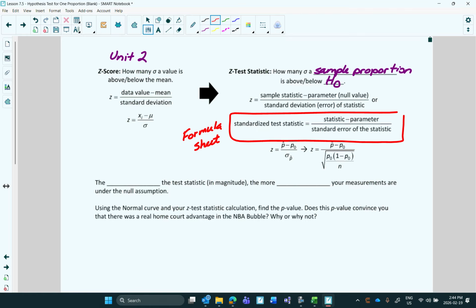To find a standardized test statistic when we do a hypothesis test, it's always the statistic we get minus whatever the null value is, divided by the standard error or standard deviation.